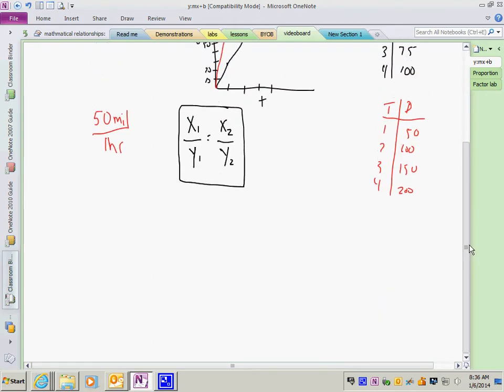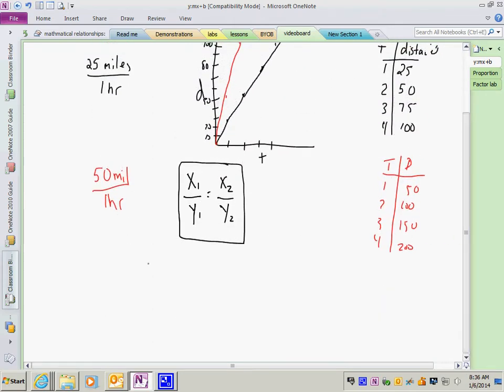Here's how we do it with this particular equation. So if I would say, okay, x is going to equal, let's say, the distance. And let's say y equals, and I could have flipped them around, it does not matter, y would be the time. Okay. And since the distance traveled, I could use 25 over an hour, I could use 50 over 2 hours.